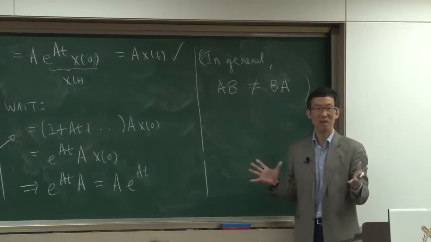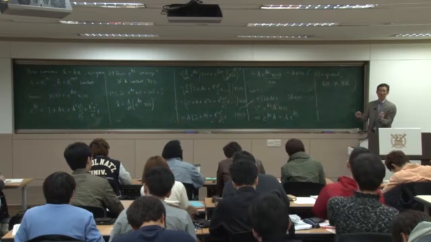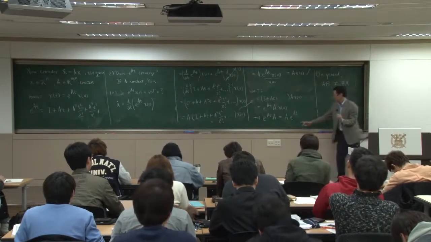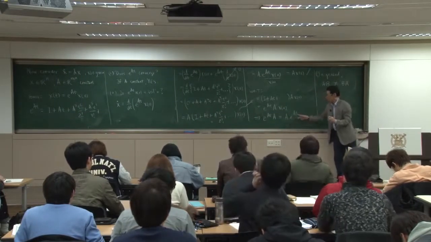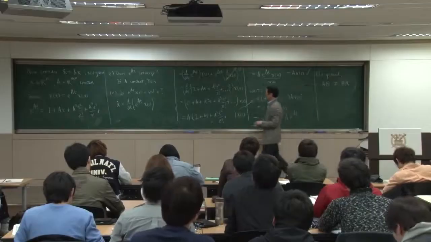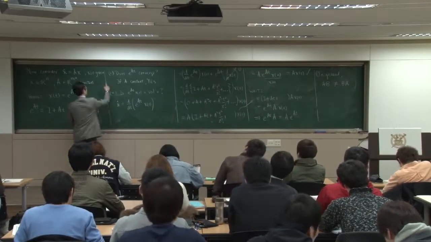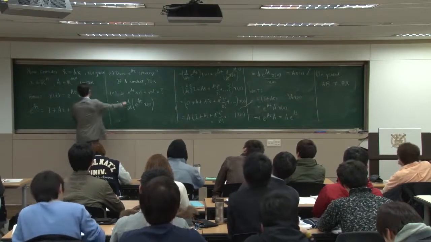Usually they're different. So order matters when you're multiplying matrices. But in this case, for the matrix A and the matrix e to the at, order doesn't matter. Now good, we know this is a solution.